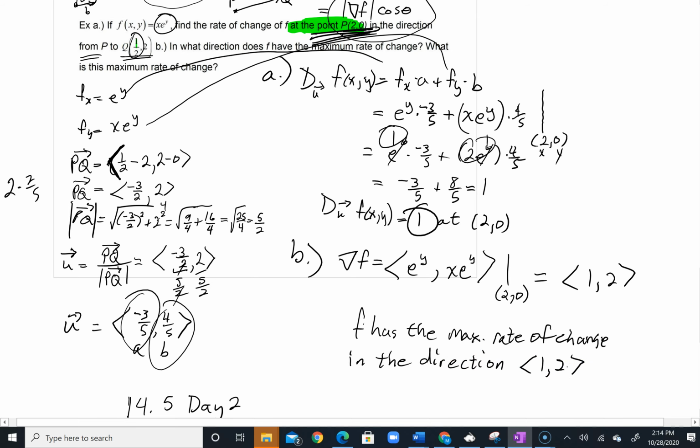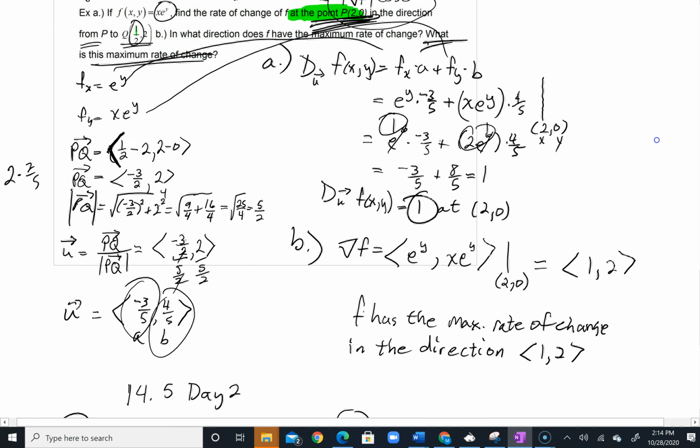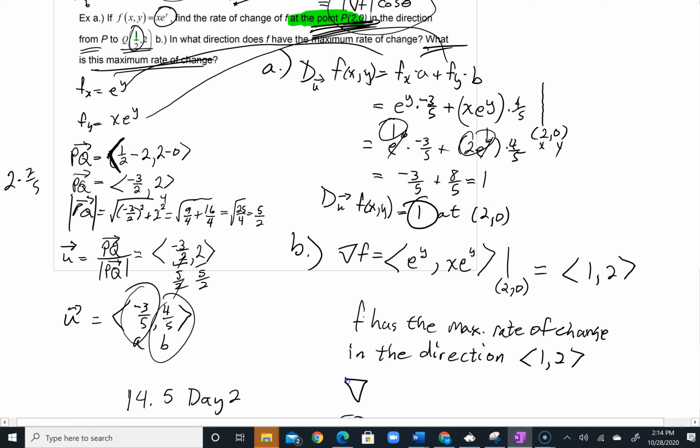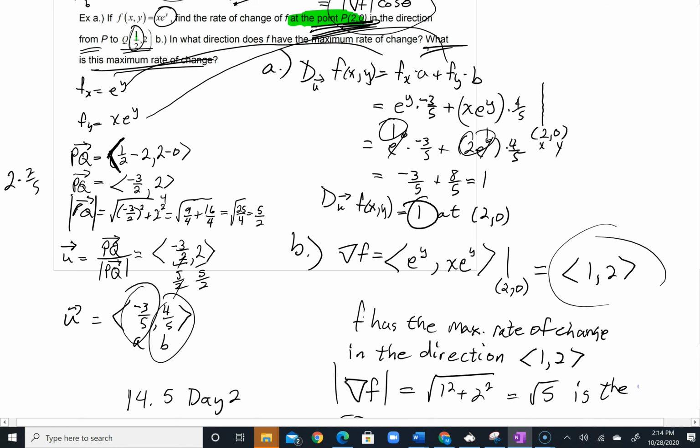But there's a second part: what is this maximum rate of change? The maximum rate of change was the length of the gradient. Just taking the length of that vector, we can say it's 1 squared plus 2 squared. That's 1 plus 4. That's radical 5. And this is the maximum rate of change.